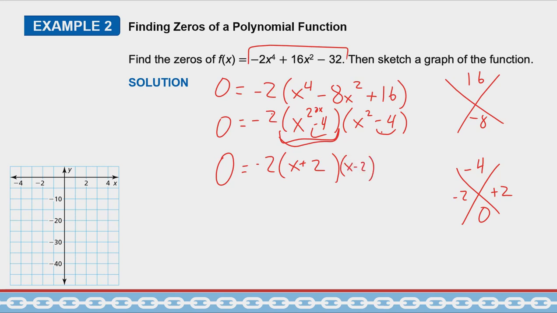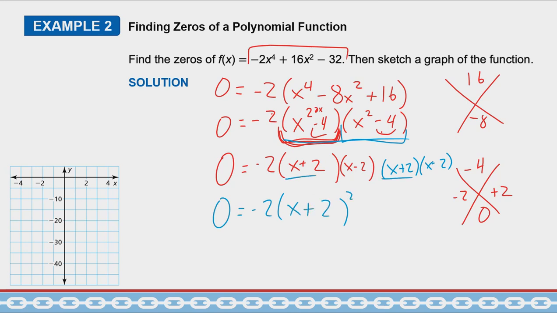That is just for this part right here. This part is going to be the same factors, x plus 2 times x minus 2, because these two are the same. So that gives me 0 equals negative 2 times x plus 2 squared times x minus 2 squared.